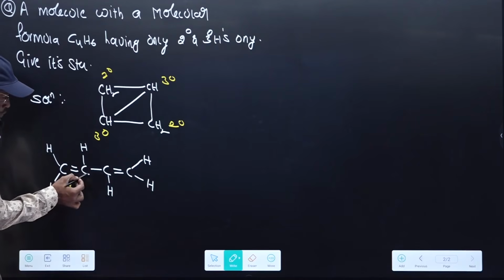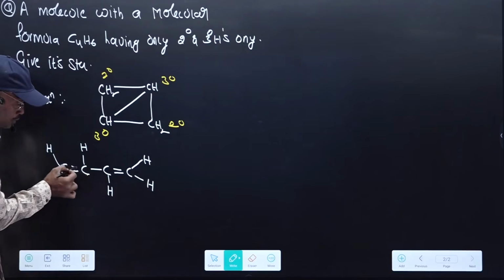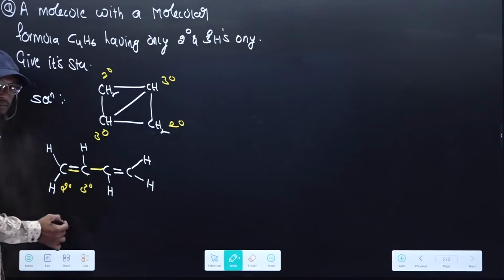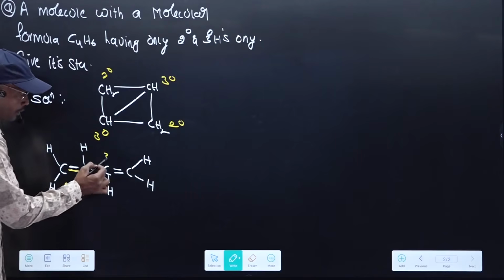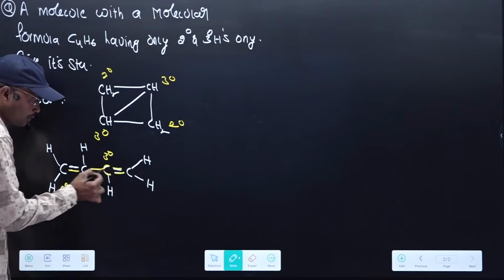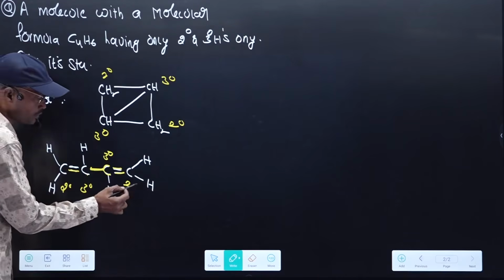This carbon attaches 2 times on the left side, 1 time on the right side, so now it is tertiary. This one is also tertiary. This carbon attaches 2 times on the right side, 1 time on this side. 3 carbons. Right? It is tertiary. What is this? Secondary.